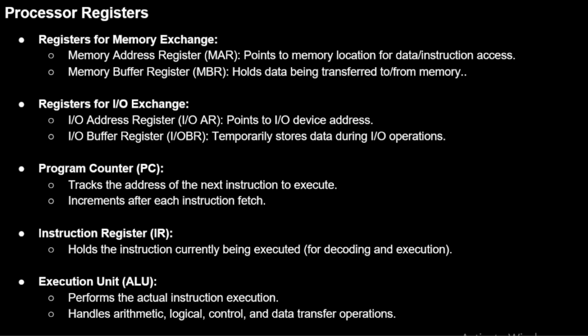Next comes the instruction register. The job of the instruction register is to hold the instruction currently being executed, and it is used just for decoding and execution. Whatever instruction is to be executed will first be fetched into the IR. After that, the processor will decode that instruction and then execute it.